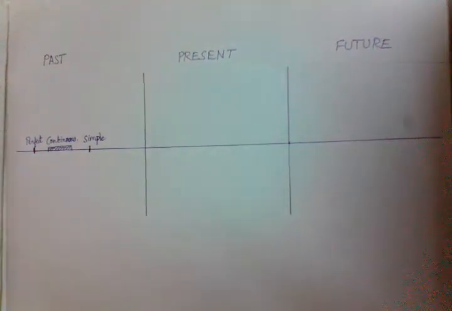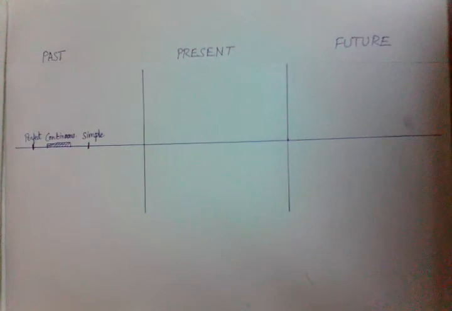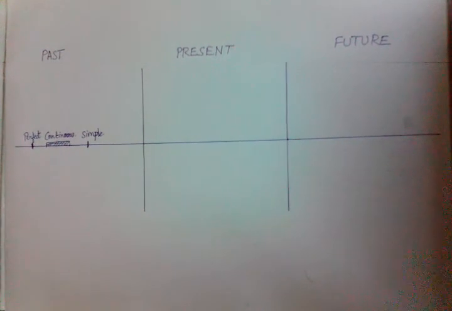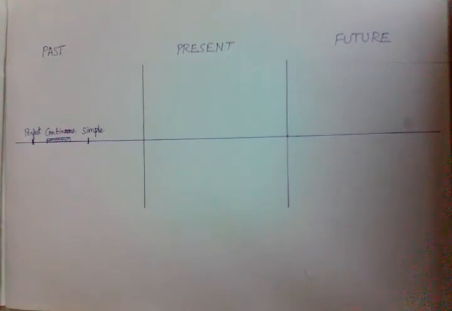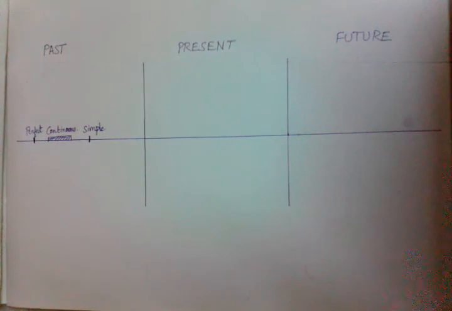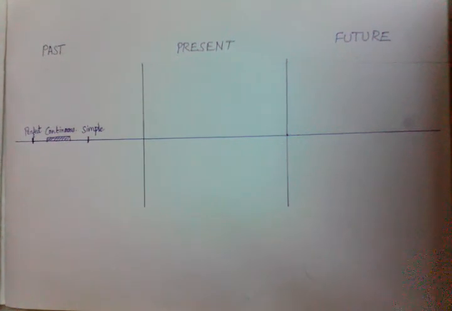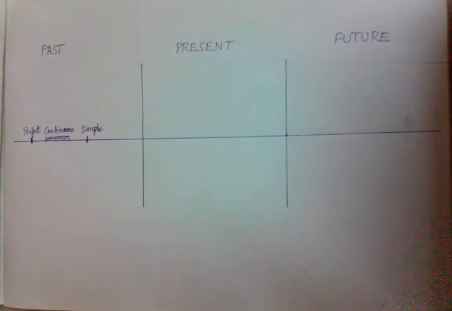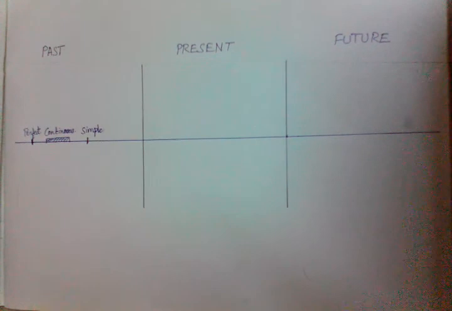Now the next one is past perfect continuous tense. You use this tense when you are talking about something that had been happening for a duration of time in the past. We generally use this tense to talk about something that happened for a period of time before something else in the past. It's just like the past perfect tense. For example, she had been going to school.